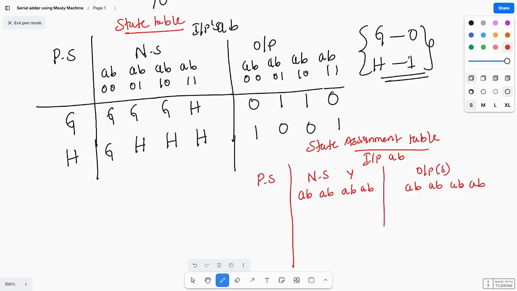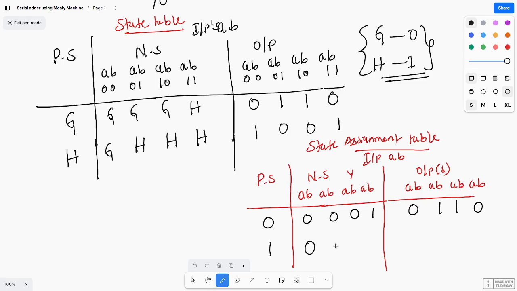By seeing the state table, I am drawing the state assignment table. G means 0. Here 0, 0, 0, 1, and here 0, 1, 1, 0. H means 1. This is 0, 1, 1, 1, and here 1, 0, 0, 1. I drew the state assignment table by seeing the state table.